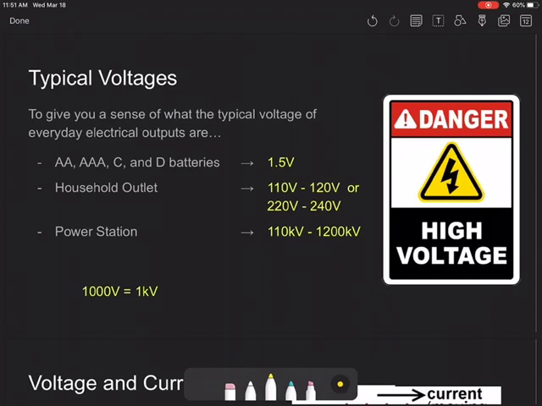So you have 110,000 volts to 1,200,000 volts, which is a huge amount compared to your household outlet. And a household outlet in itself can cause a decent amount of damage. You could get a pretty good shock from that. A power station is ridiculously dangerous. So that's why you see signs like danger, high voltage around power stations or electrical plants or things like that.